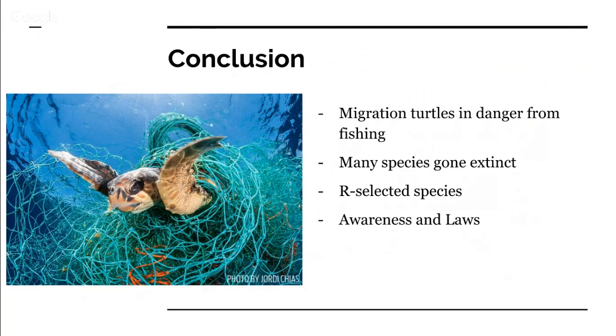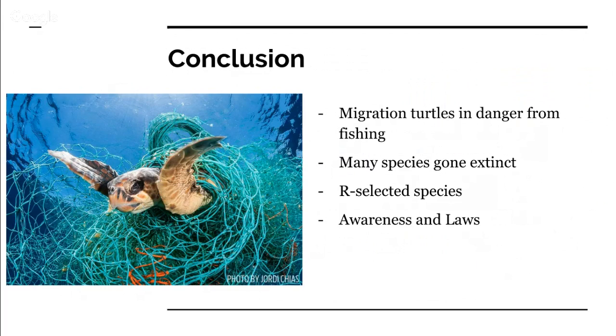Many species have gone extinct due to human involvement, due to lack of laws protecting the turtles and lack of laws protecting the environment. So it's definitely important to understand that several species have gone extinct, and that there are several species that are still in danger even today, that are close to being extinct.